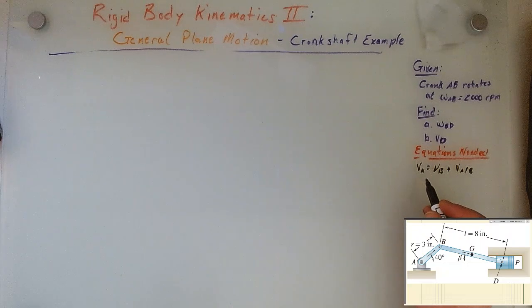So the one from the definition of the arc length, and that is VA with respect to B is equal to AB, which is how I represent vectors, times omega AB. Right? And what that does is that converts the angular velocity to the linear velocity.